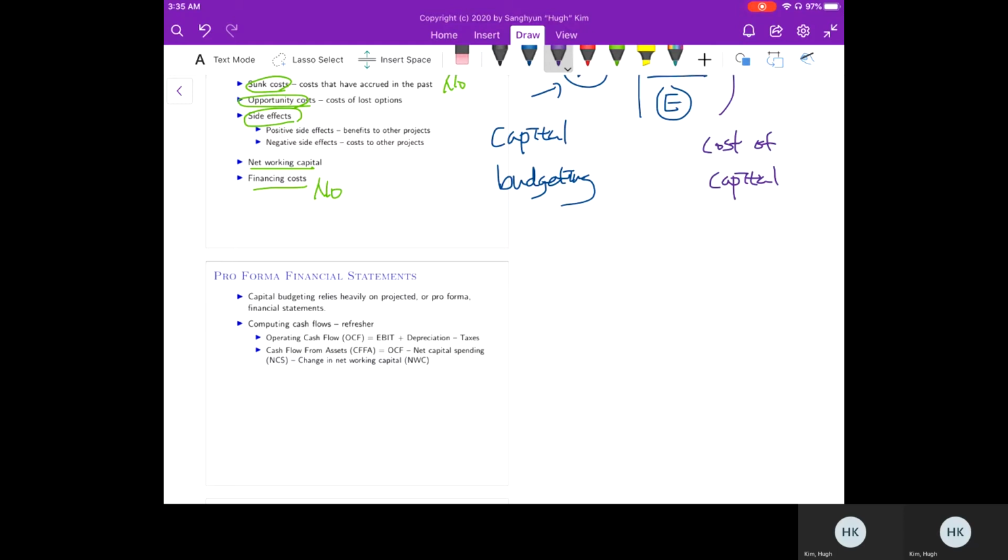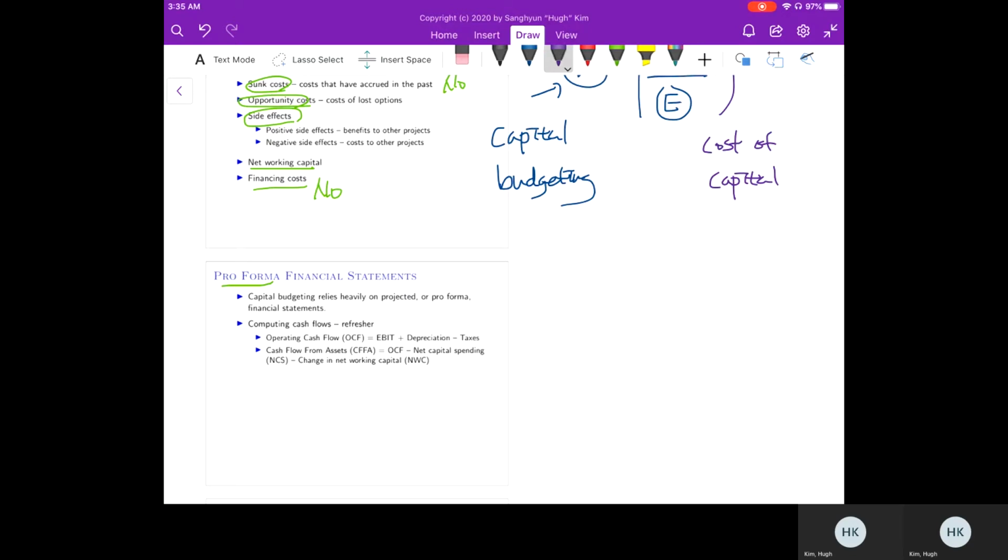A very important step in making capital investment decisions is to construct pro forma financial statements. Pro forma means projected, so the pro forma financial statements are based on our projections or our estimates. Here's a refresher on how we compute financial cash flows.